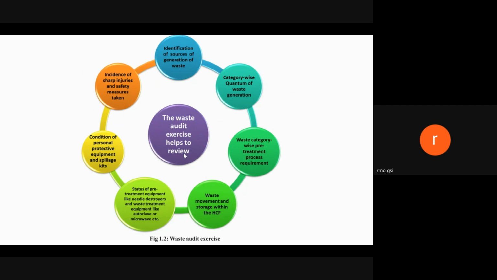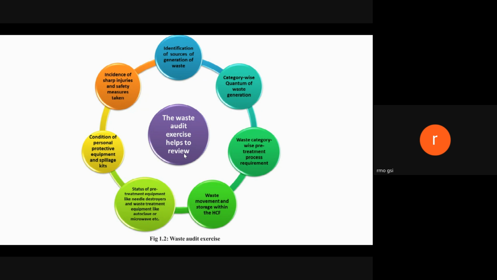Your waste may be from the laboratory, the operation theater, the wards and ICU, and all other areas, the kitchen, the laundry. You have to identify the source by doing this audit.